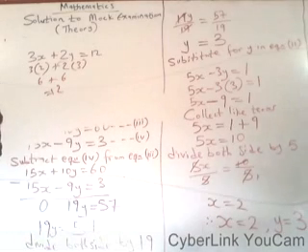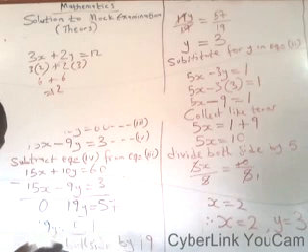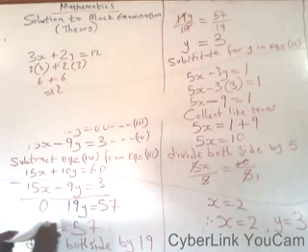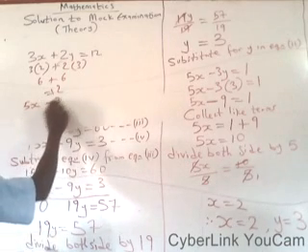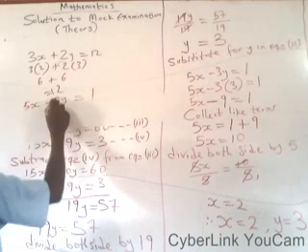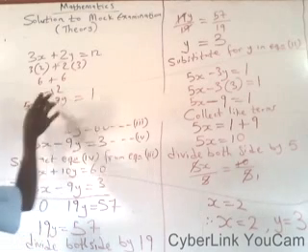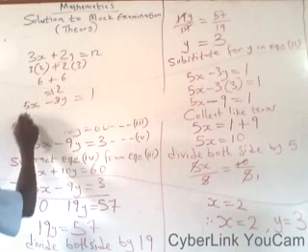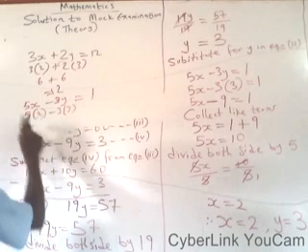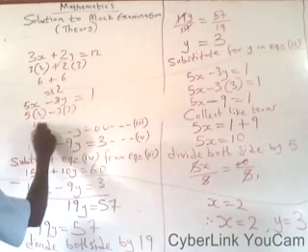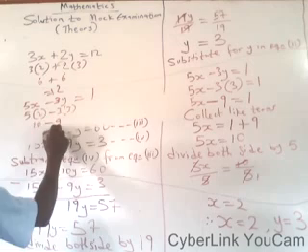Let us also use equation 2. Equation 2 says that 5x minus 3y is equal to 1. Let us test. This is 5 into bracket 2 minus 3 into bracket 3. 5 times 2 is 10. Minus 3 times 3 is 9.